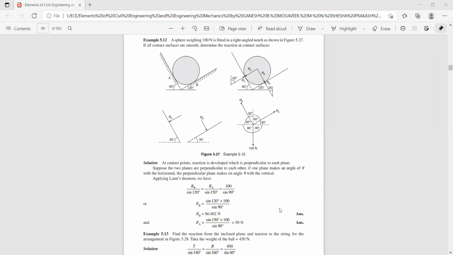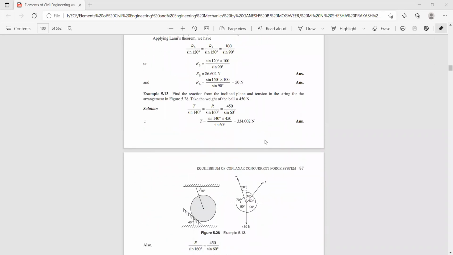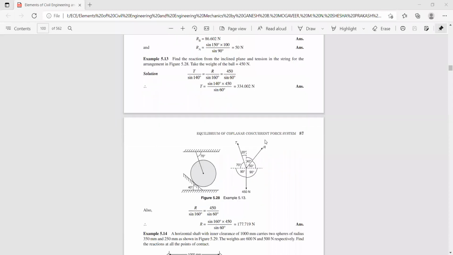The only thing is you have to identify the contact points where exactly the sphere is making contact with the sides of the container. In the subsequent problems, we'll be dealing with 2 spheres, 3 spheres. Basically, if you understand the concept, solving all these problems becomes fun.